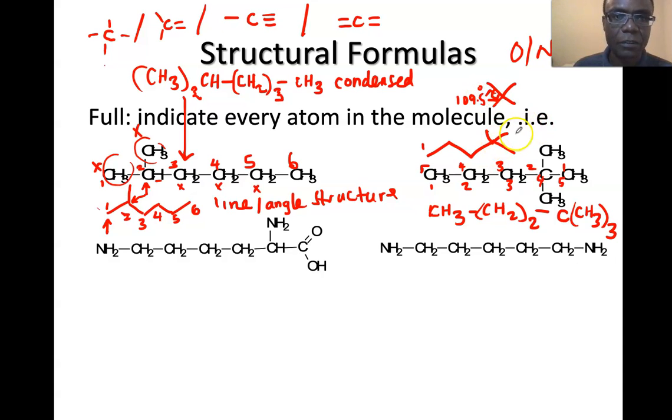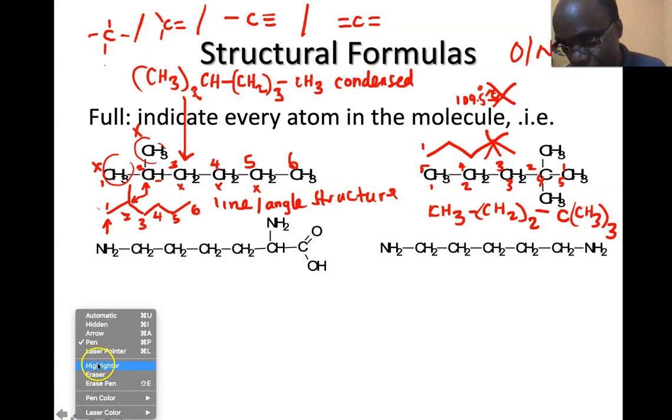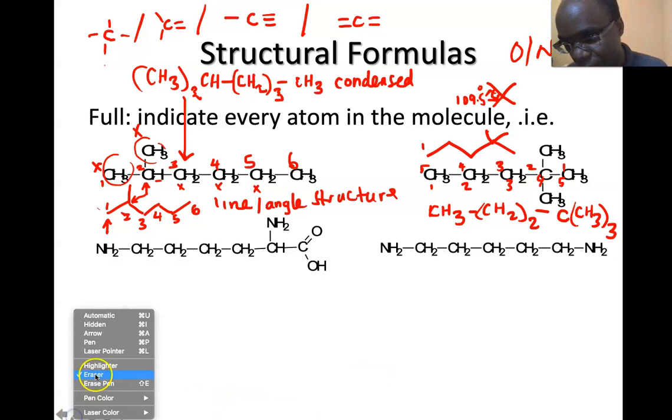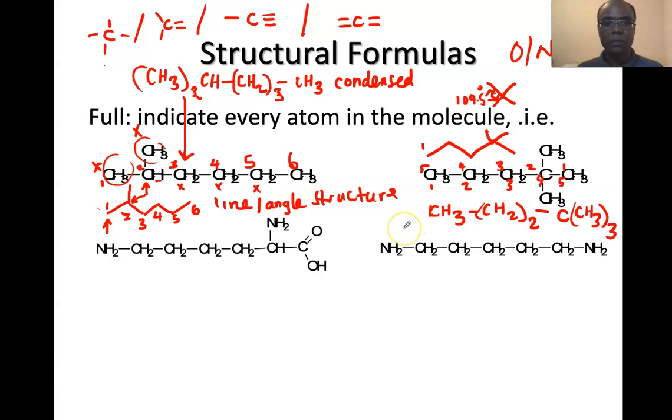That's why I did not draw the 2 CH3s pointing down, because that would be messed up. I want them up. You have to practice drawing them, because that's the language of organic chemistry, and that's how you're gonna excel in this class, by knowing how to draw these structures.